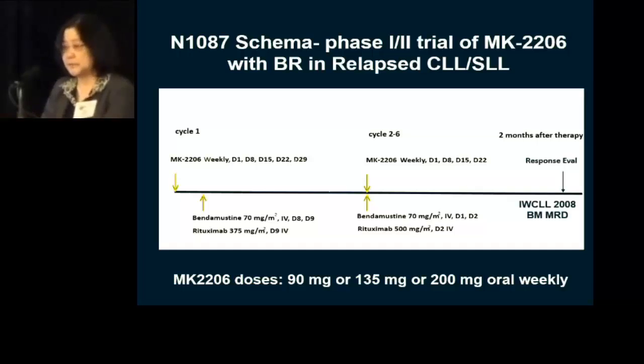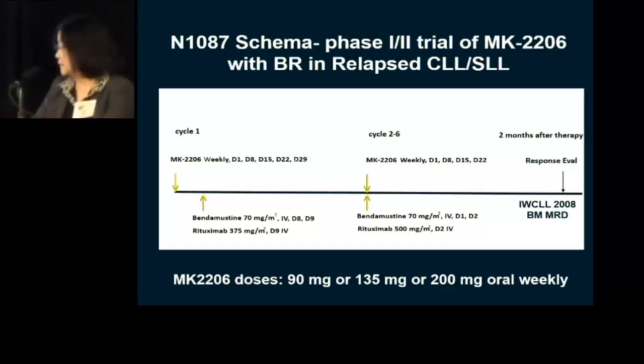Two months after 6 cycles of therapy, we evaluated all patients with bone marrow evaluation as well as CT scan. We categorized the patient's response based on IWCLL 2008 criteria. In the patients who achieved CR, we also measured the bone marrow MRD. The 3 doses of MK-2206 tested in the early phase of the study were either 90 milligram oral once weekly, or dose level 2, 135 milligram oral once weekly.